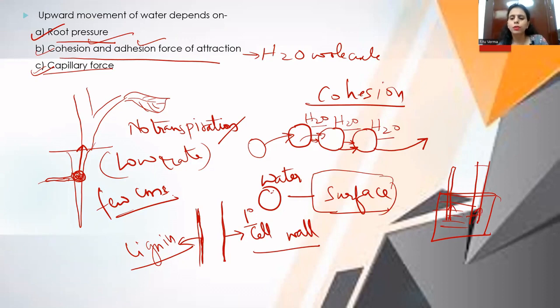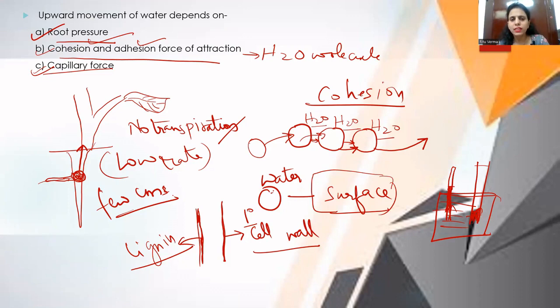In this thin or narrow straw, the amount of juice filled will always be higher compared to the thick straw. So the amount of juice present in the narrow tube is higher.